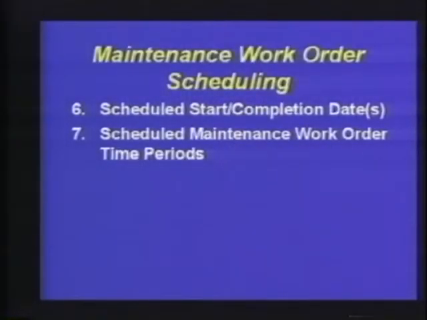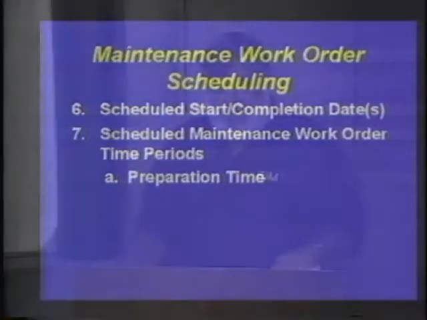Item number 7 pertains to the work order time periods, and as we reviewed these time periods earlier, we indicated that preparation time 7A must be developed by the storeroom. The other time elements are those that are generated by the maintenance work order planner and scheduler.